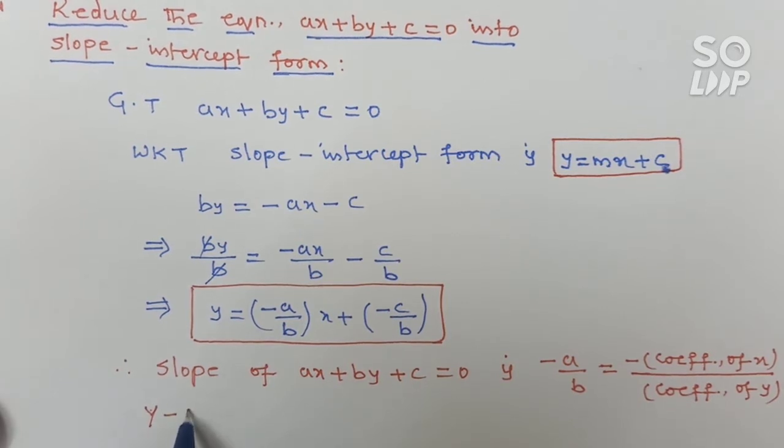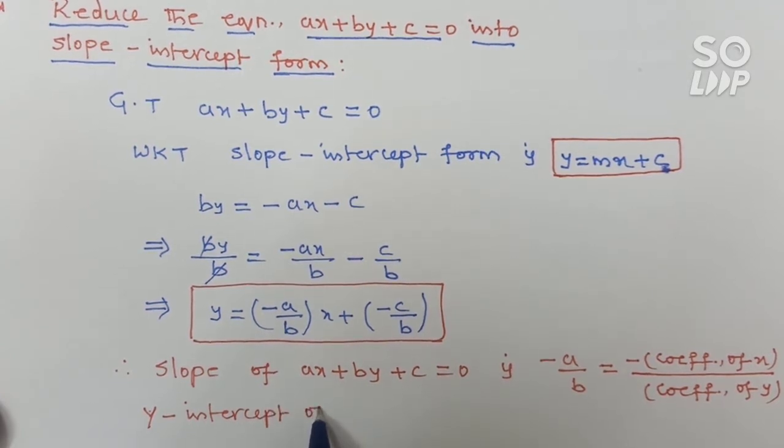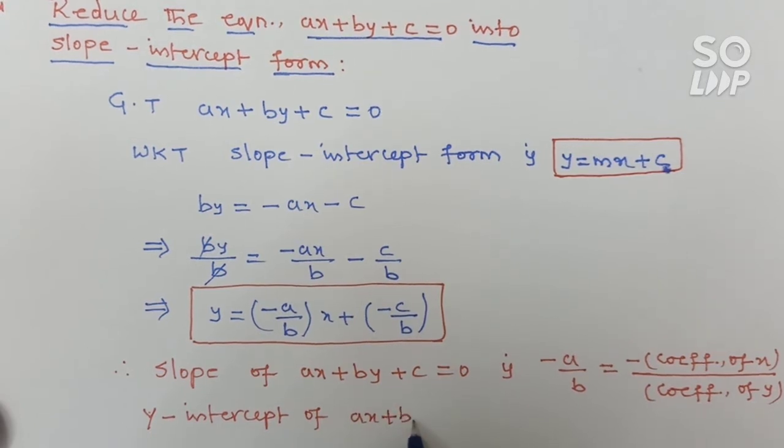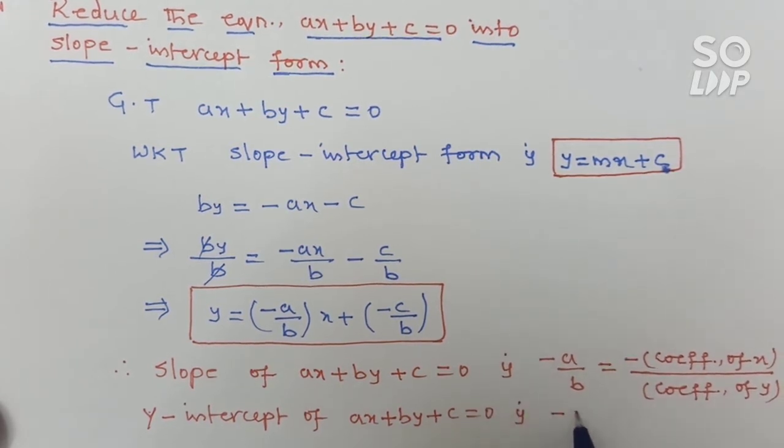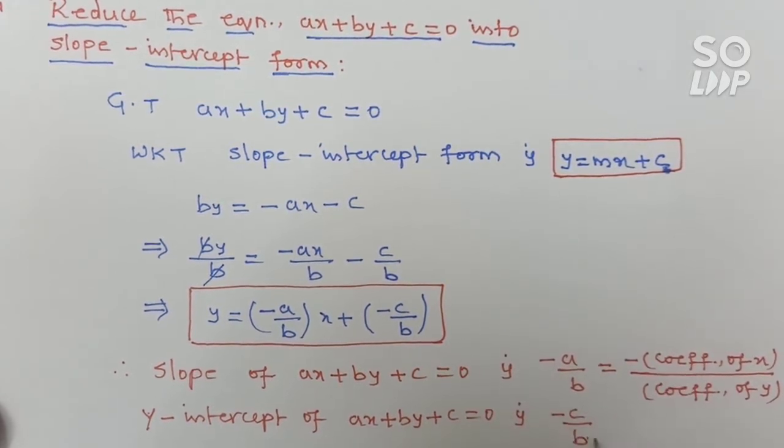The y-intercept of ax + by + c = 0 is minus c by b.